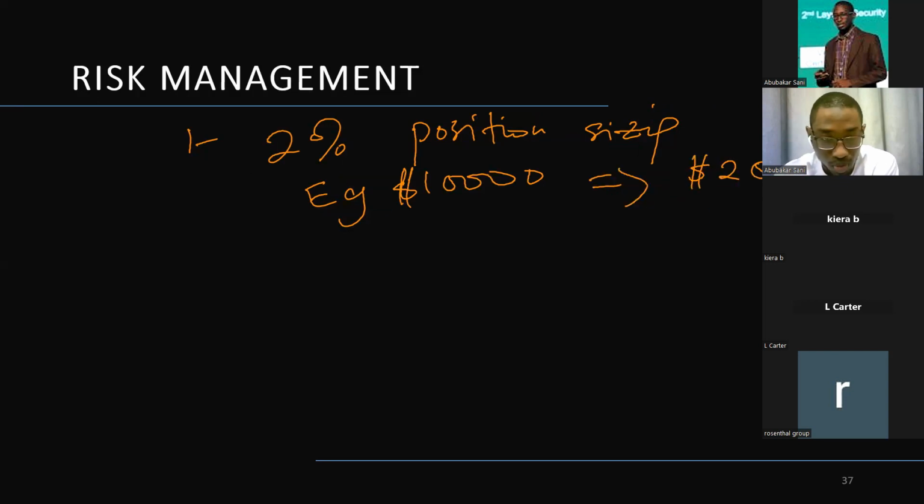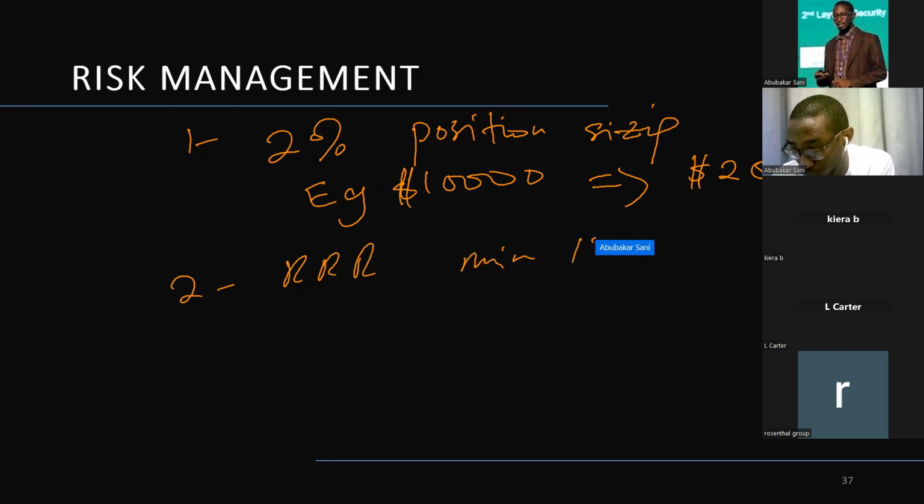So I don't want to lose more than $200 per trade. And my risk to reward ratio I set to be a minimum of 1:2. Meaning if I'm willing to lose 200, then I am hoping to get 400 if I'm right.